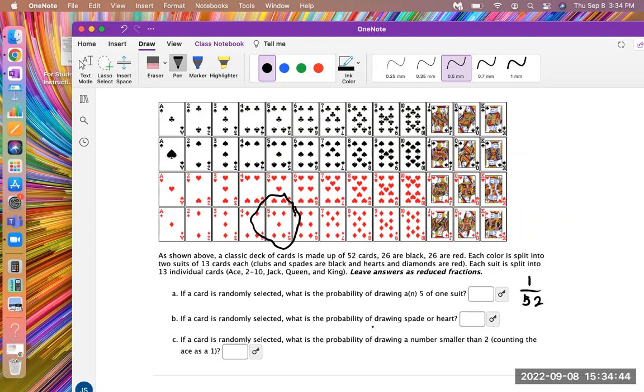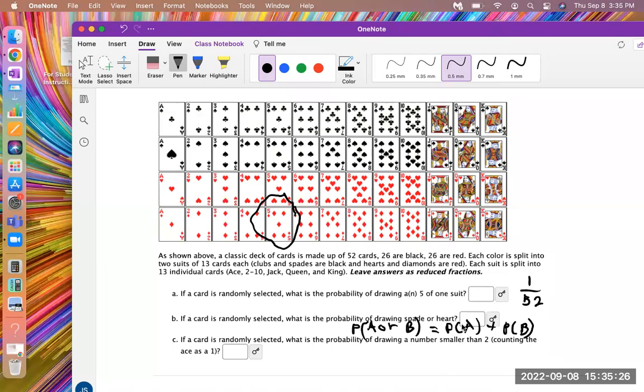So we're going to use the OR equation, which says the probability of an event A or B happening is equal to, if they're mutually exclusive, just the probability of A happening plus the probability of B happening.